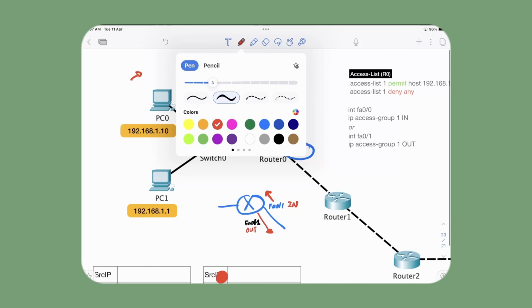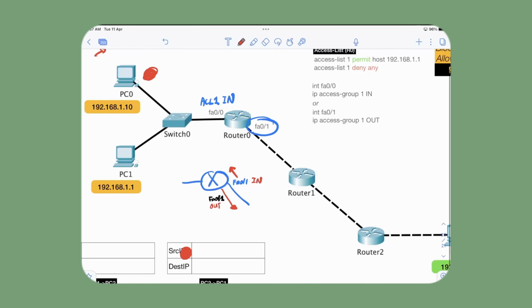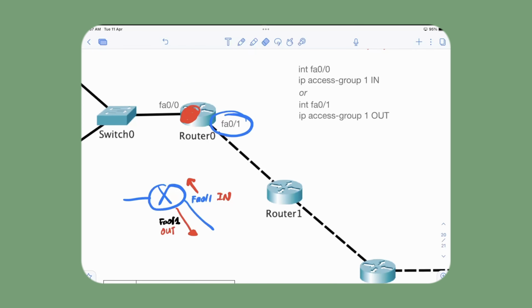Now you see, imagine this is the data going from PC0, 1 to go to PC2. Okay, like that. The data goes into this switch, goes to router 0. So I go in already. Let's say this one is not here, I delete this one. Now, as soon as it wants to exit the router, I exit from FA01.